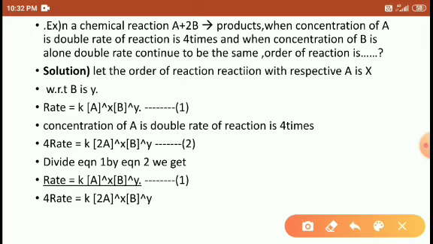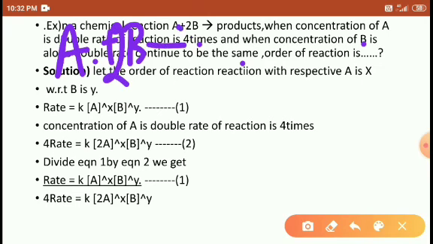Next example, students. In a chemical reaction, A plus 2B converted into product. When concentration of A is doubled, then rate is 4 times. Concentration of B is doubled, the rate remains the same. Right, students? When you are using A and 2 moles of B it turns into product P. Right.